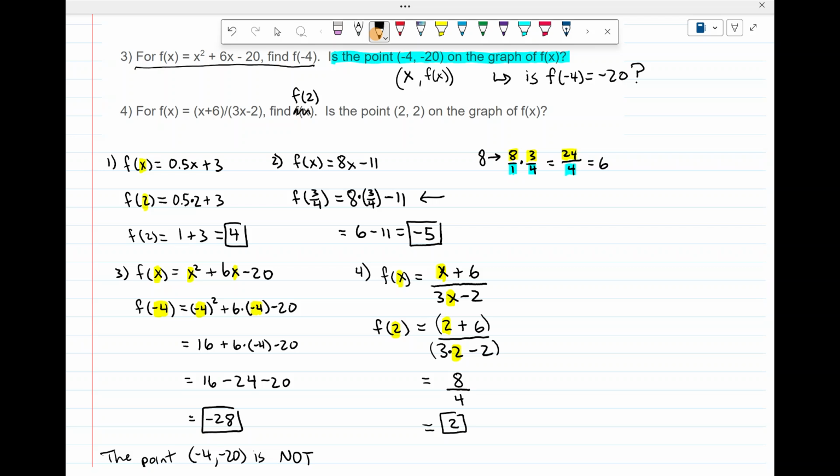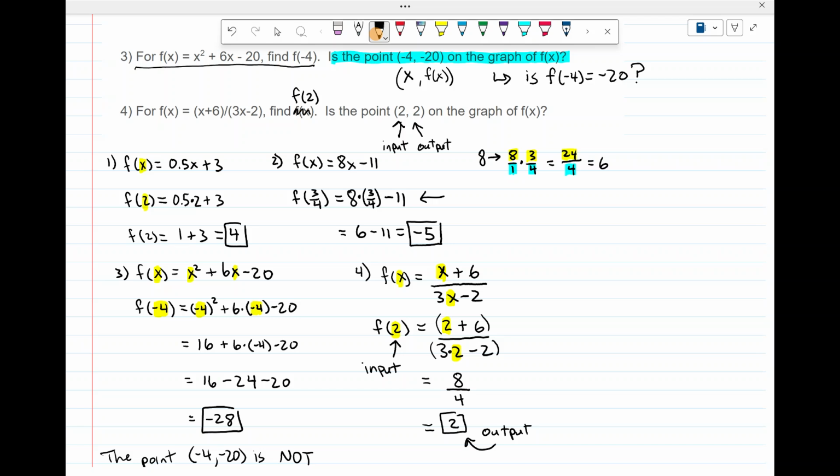Now in this case, notice when my input is 2, my output is 2. And so is the point 2, 2 on the graph of f of x? The answer is yes, right?